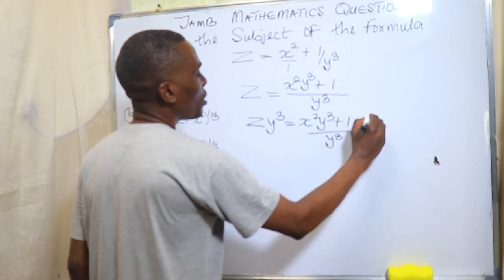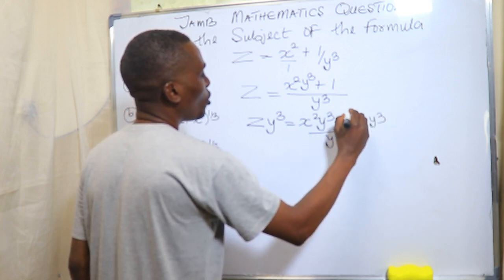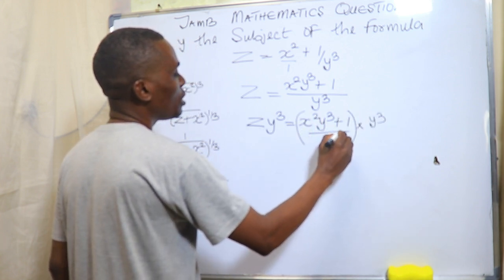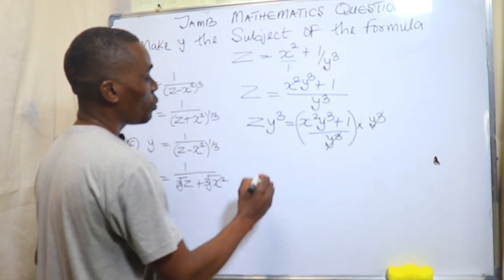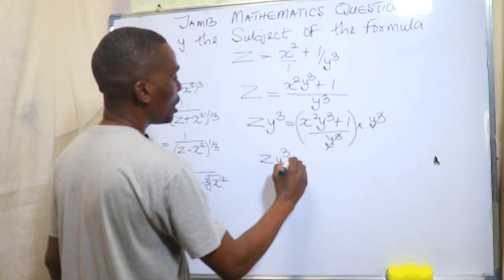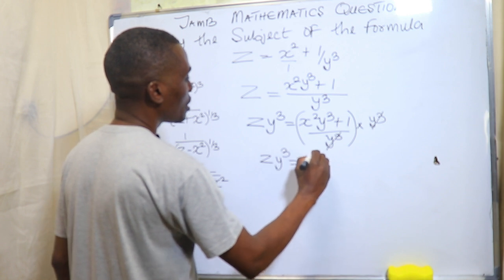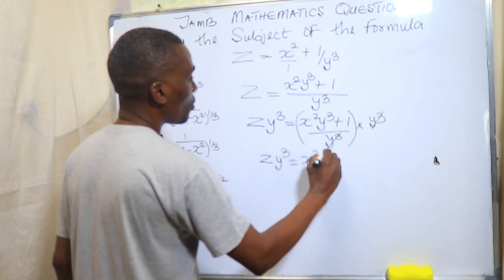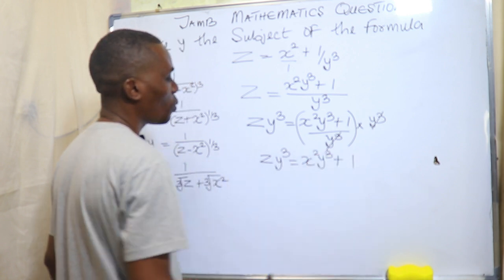If I multiply here by y to the power of 3, this one will cancel this one, and what I will get now is z y to the power of 3 equal to x squared y to the power of 3 plus 1.